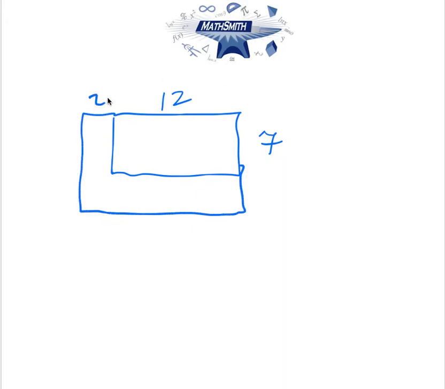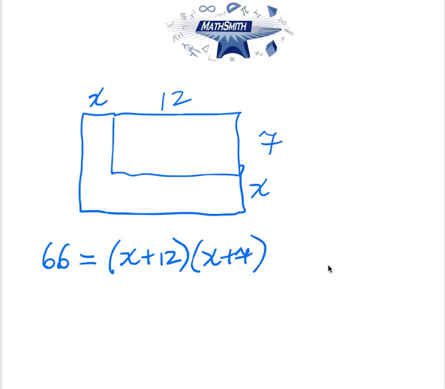So this is an x here and an x here. Then the border is going to be 66 square yards. It's got to equal the area of the whole garden, so that's going to be x plus 12 times x plus 7, minus the area of the garden, which is going to be -12 times 7.